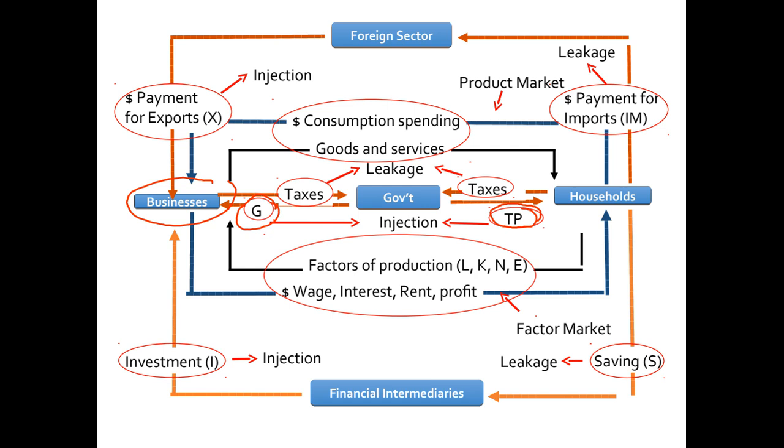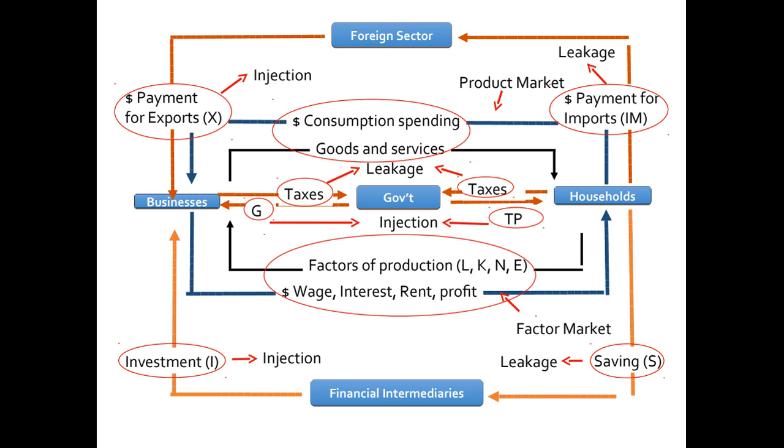As I told you at the outset, I would discuss and explain the concepts of leakages and injections using this circular flow model. There are two ways to explain these two concepts. Number one, as you can see, I've already circled these leakages.